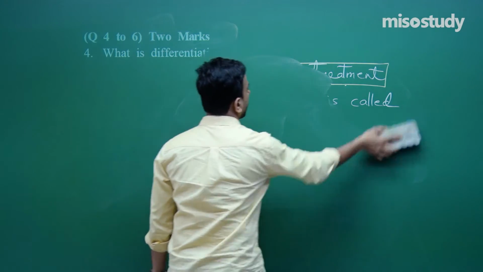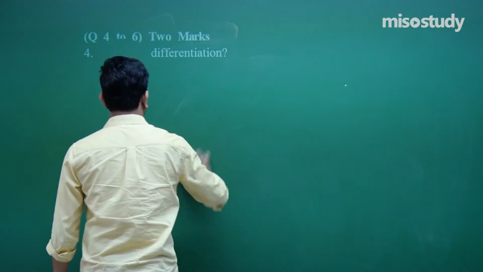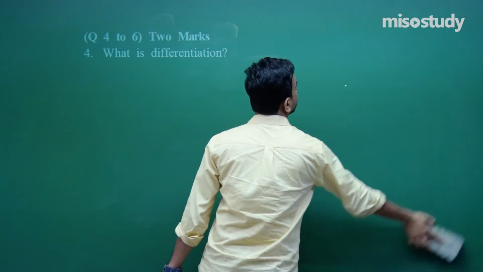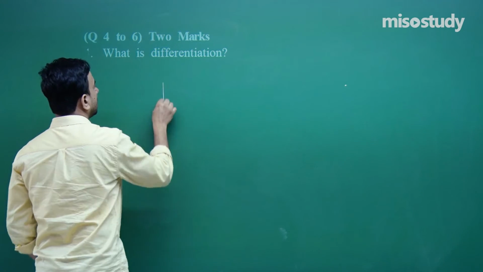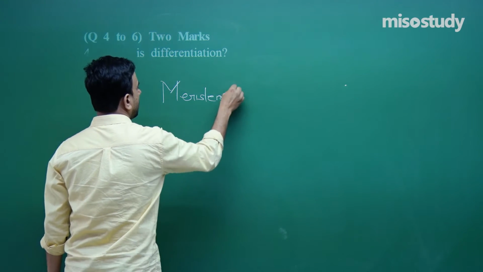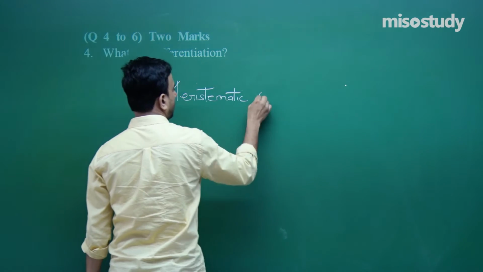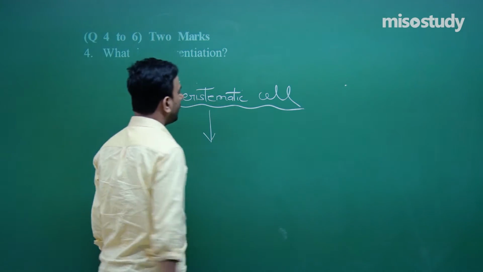What is differentiation? See, whenever there is a meristematic cell, what happens?